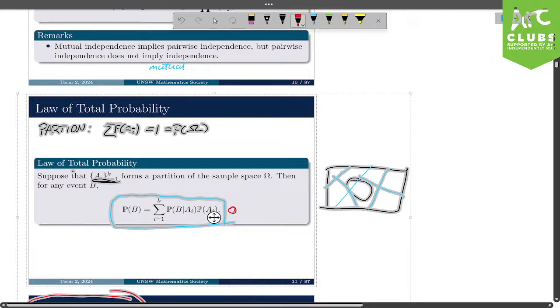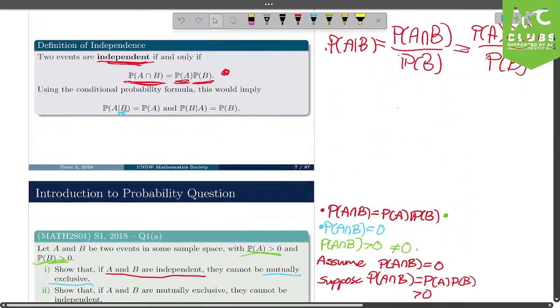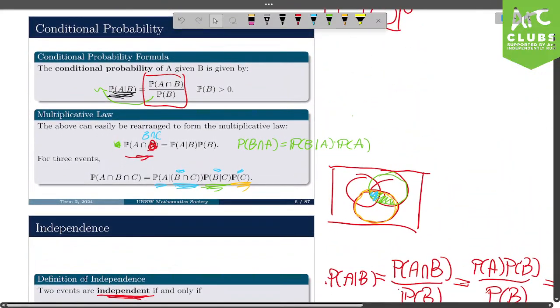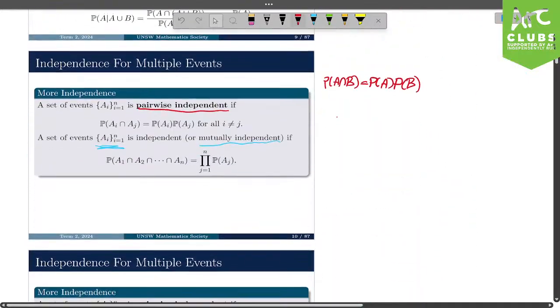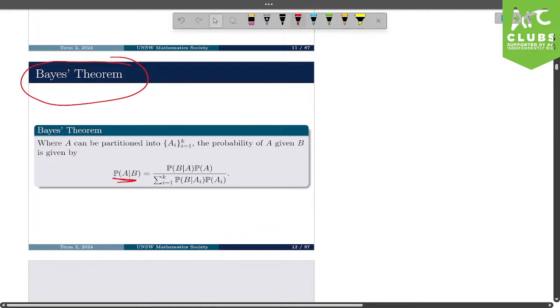If we use the law of total probability and go back up to this conditional probability formula, we can combine those two and derive Bayes' theorem. It's worth making sure that you can do that yourself. It's a good little practice.